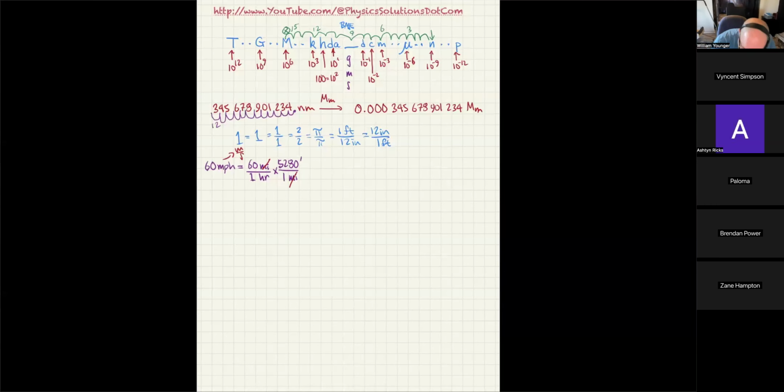Okay. Now I'm up to feet per hour, but I need to go ahead and get rid of the feet as well. And what I know is 1 foot is equal to 12 inches. So that's the double hash mark that I was telling you also works as a unit for inches.